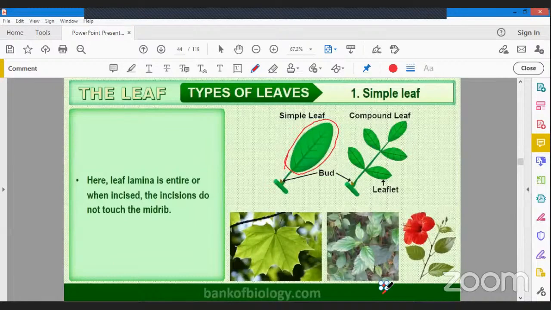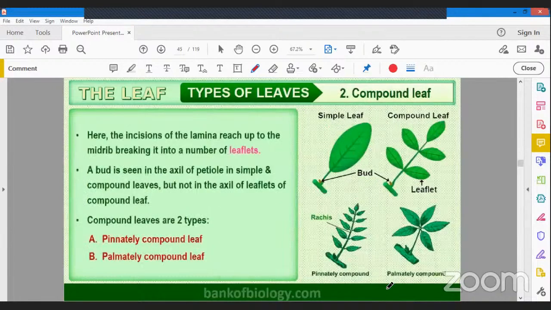Done. So next part, look, compound leaf. Here what will happen? The incision of the lamina will reach the midrib. Look, here this is considered the midrib. So students might ask, sir, why is this not the midrib? It depends on the leaf base here. If there is a leaf base here, this becomes the petiole. From here till here it is the midrib, and along the midrib it will be incised to form a number of leaflets.